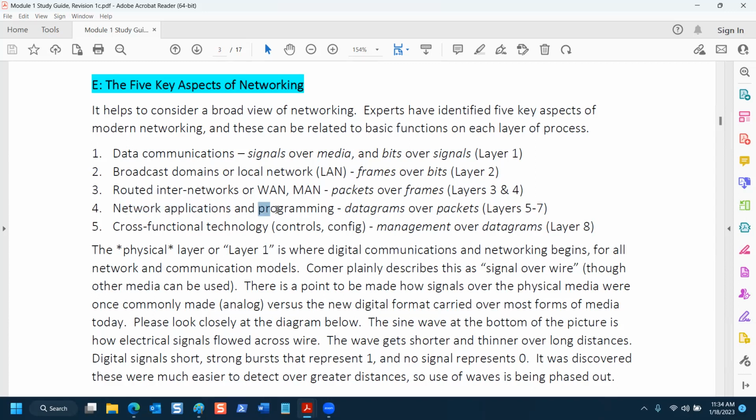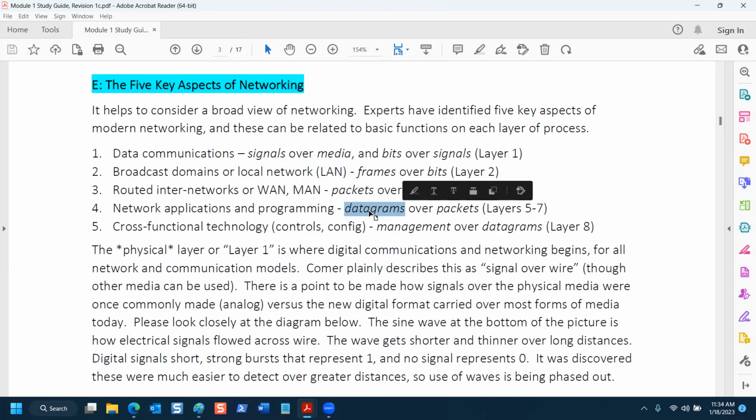Whenever you deal with the software, the programming, the applications, you're dealing with another container of ones and zeros. At this level, the packet is opened up and unpacked, and inside is a unit of ones and zeros, a bundle of ones and zeros that are referred to as a datagram.